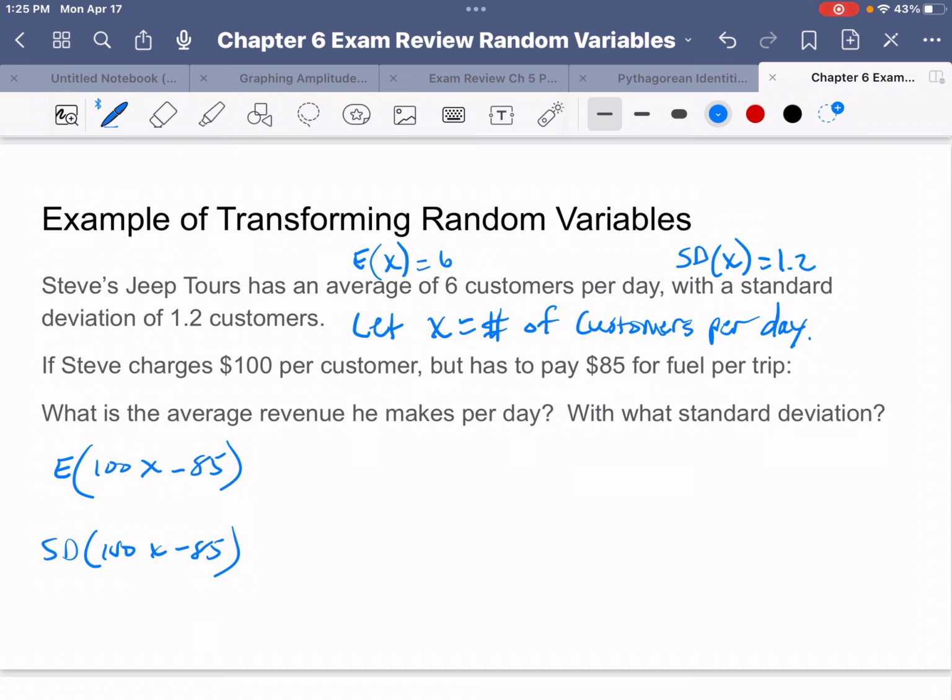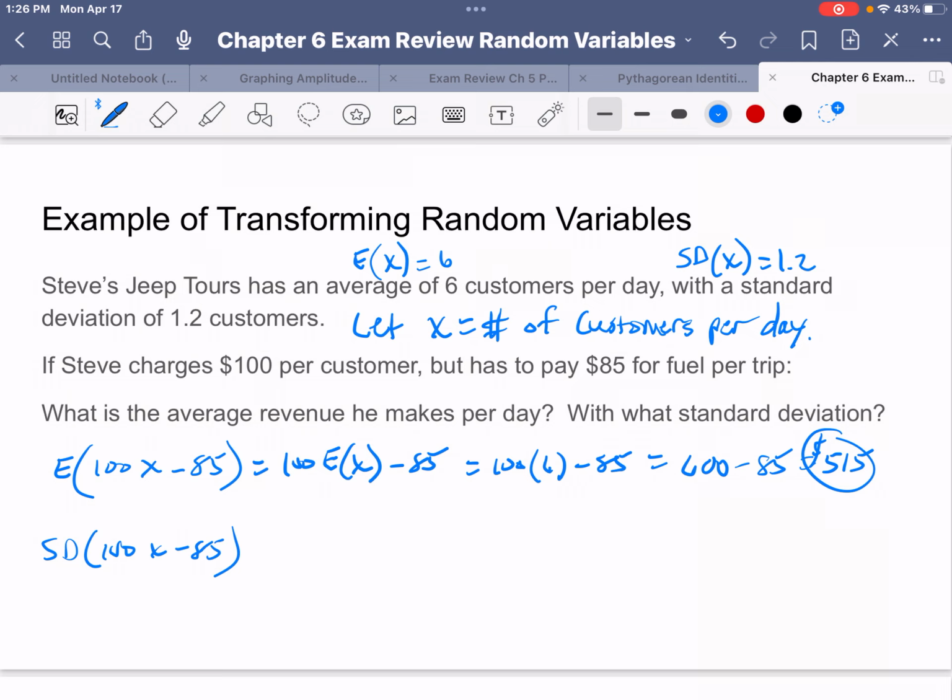I'm being asked to calculate the expected value of 100 times x minus 85 and the standard deviation of 100 times x minus 85. So the expected value would be equal to 100 times the expected value of x minus 85. So would that be 100 times 6 minus 85? 600 minus 85 would be $515 per day, or per trip, I should say.